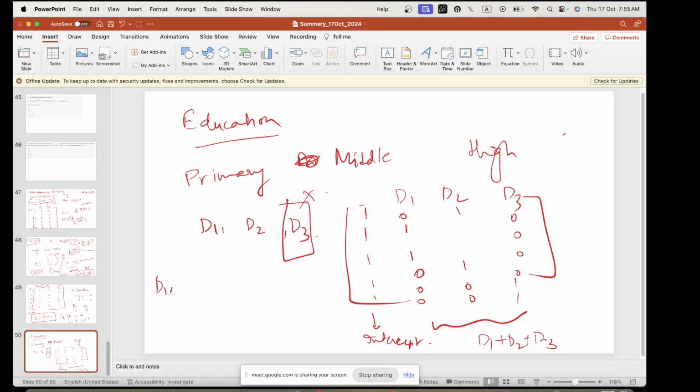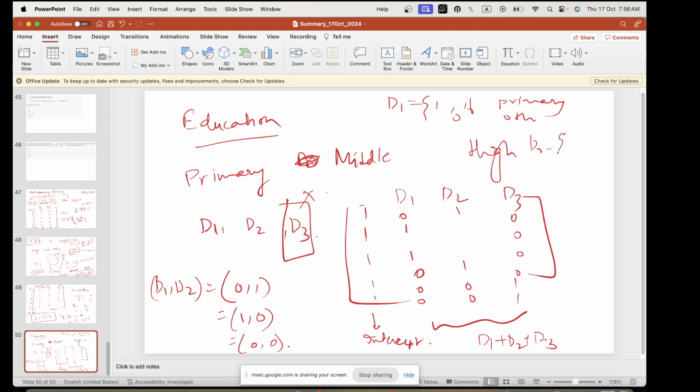So then D1 and D2, this combination could be 0 1, it could be 1 0, and it could be 1 1, or something like that. It could be 0 0, let's say. So D1 equal to 1 if primary, 0 otherwise, D2 equal to 1 if middle, 0 otherwise. Then the 1 1 combination will not happen because these are exclusive categories.